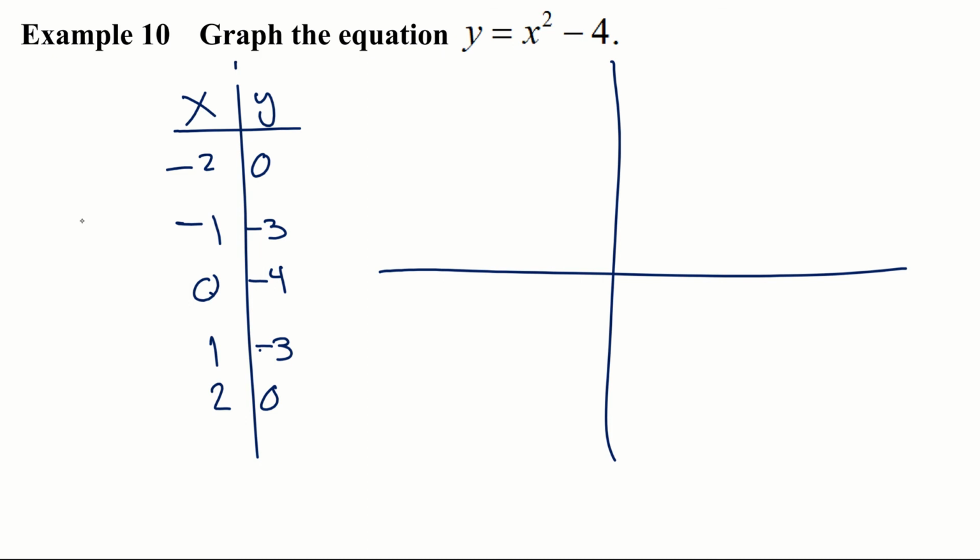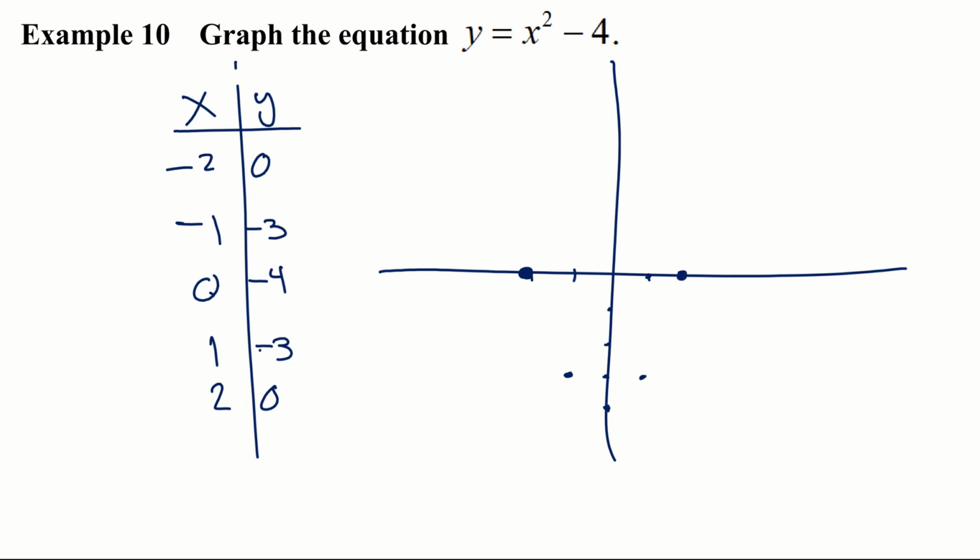So -2, 0, -1, -3, 0, -4, 1, -3, and 2, 0.